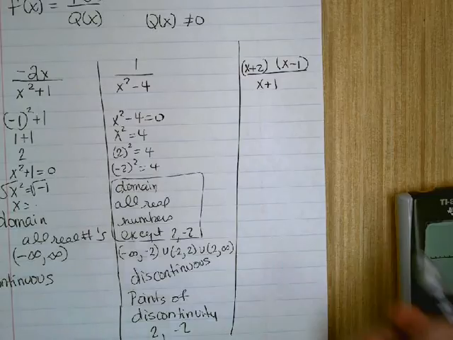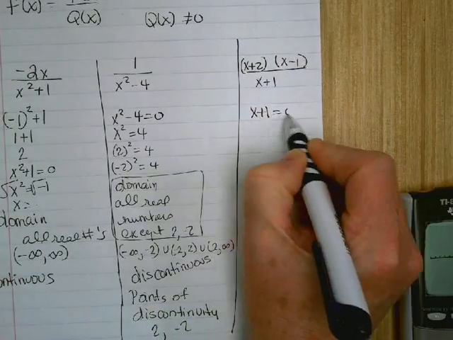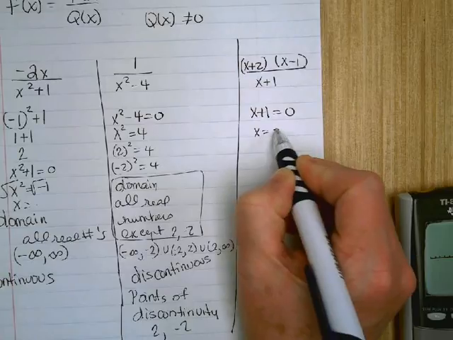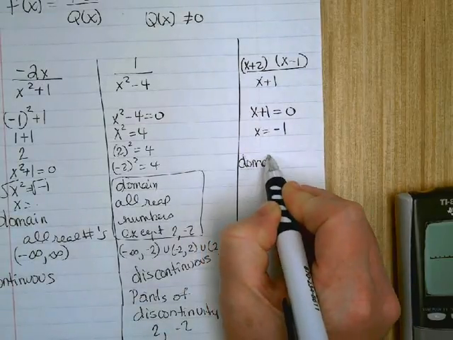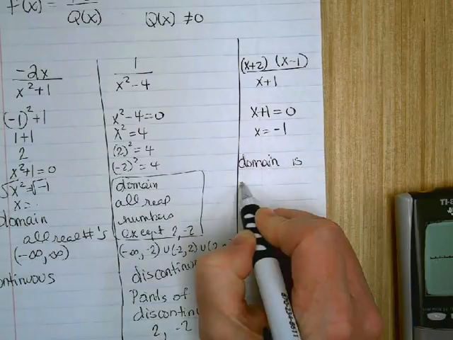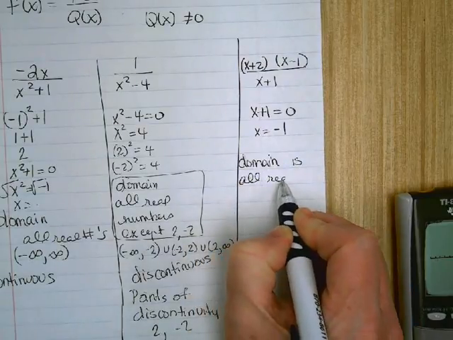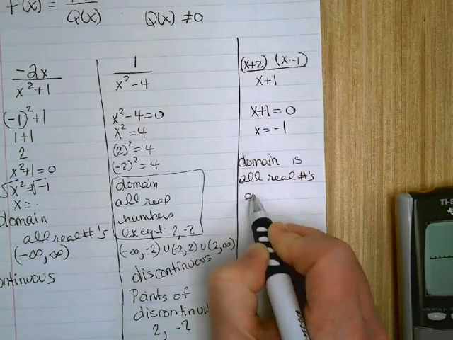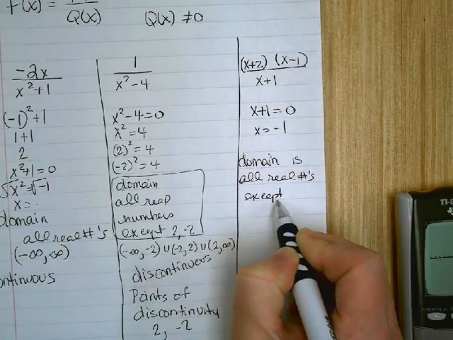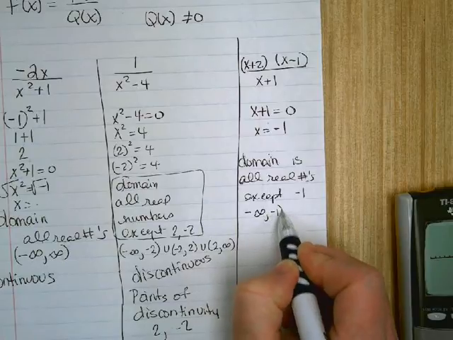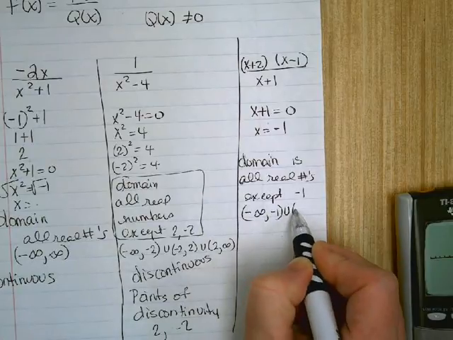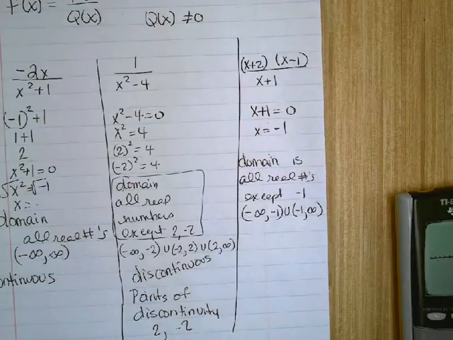So what would make that equal 0? Okay. So the domain is all real numbers except negative 1. So it's anything from negative infinity to negative 1 in union with negative 1 to infinity.